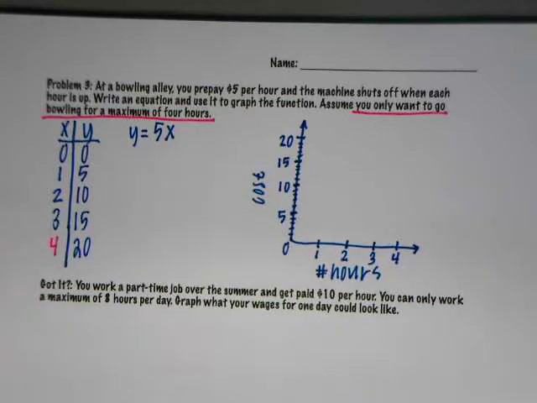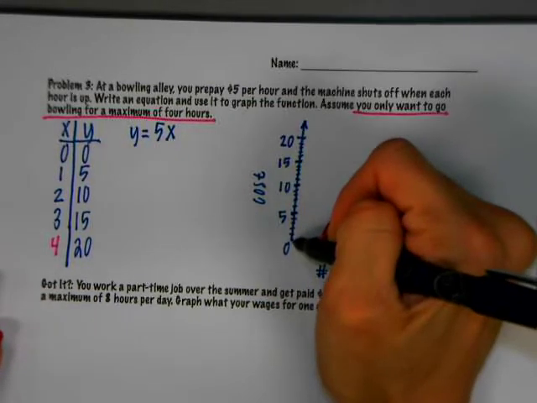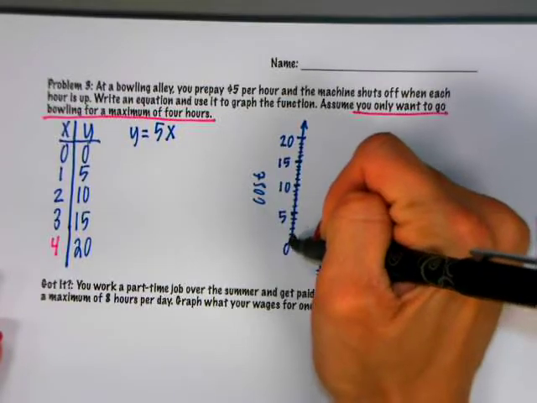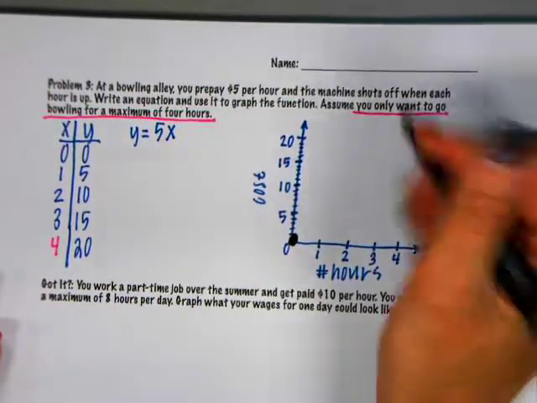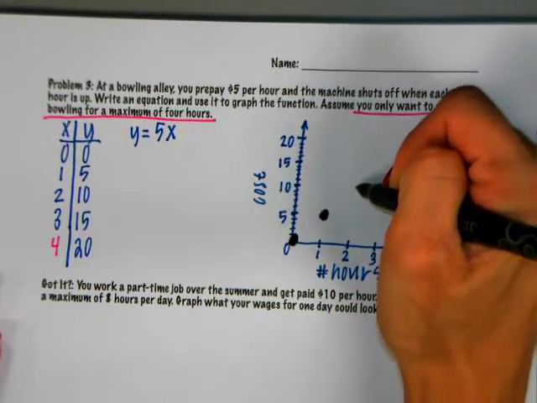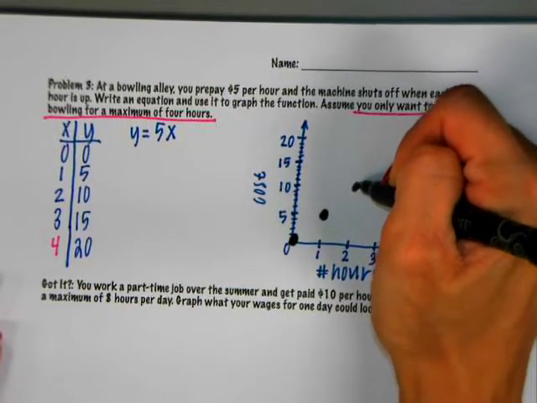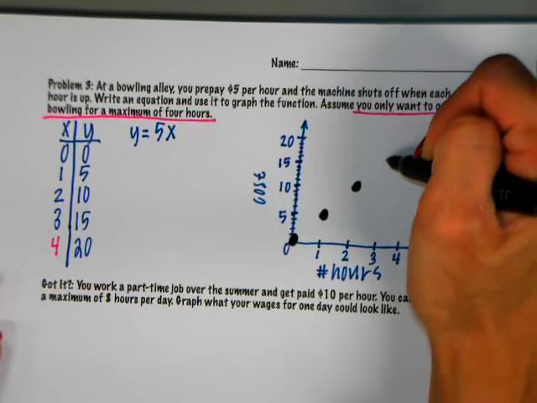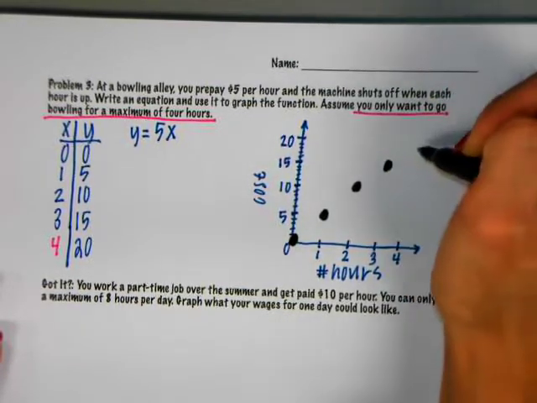Right, so then plot your points. So 0, 0. Right in the corner. 1, 5. 2, 10. 3, 15. 4, 20.